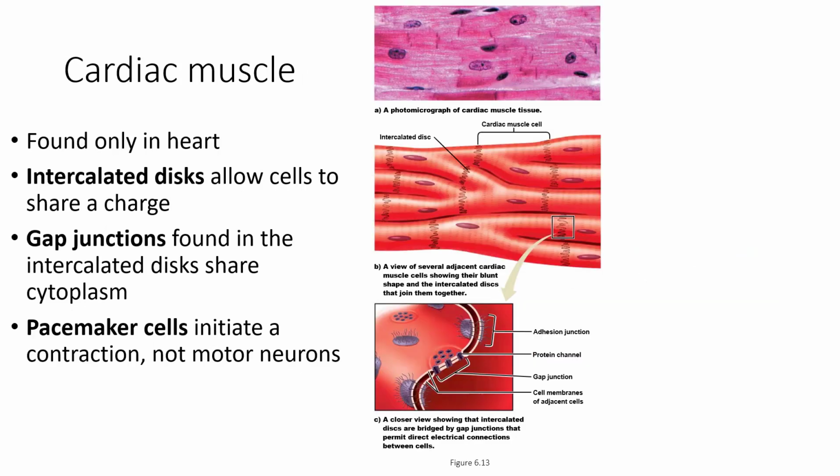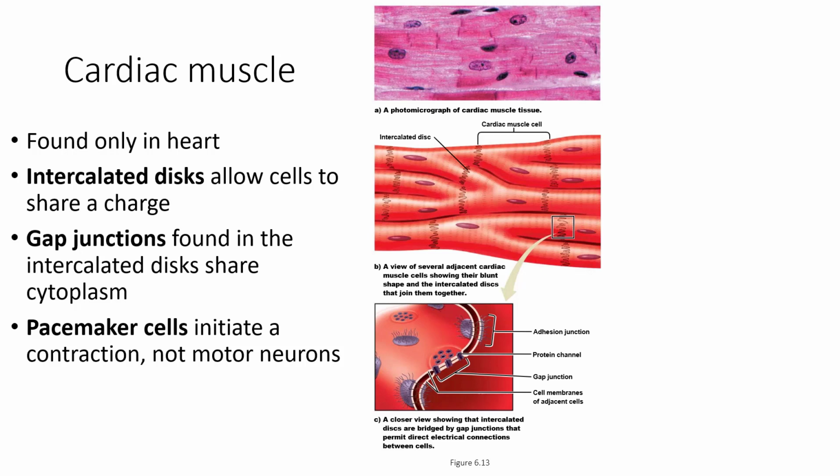Let's look at this. Cardiac muscle specifically, it's found only in the heart. Yes, that's what makes it cardiac. It has what are called intercalated discs, which you can see here, and that is between different cells. So the individual cells are connected, and in these intercalated discs, there are gap junctions, which are basically holes between the cells, allowing them to share cytoplasm.